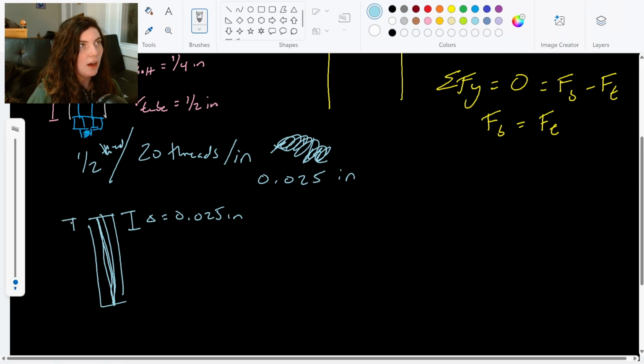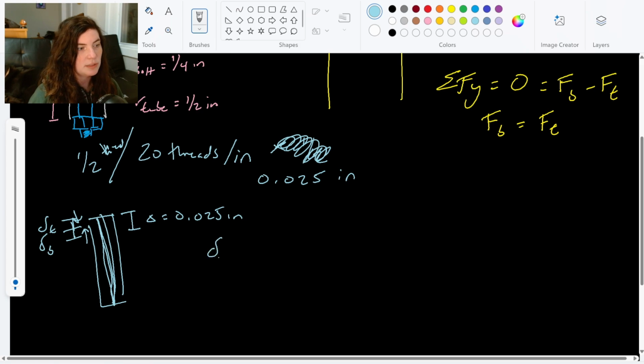This means that our delta tube and our delta for the bolt together must equal that displacement. Right? The tube is pushing it down by this much, the bolt is pushing it up by this much.